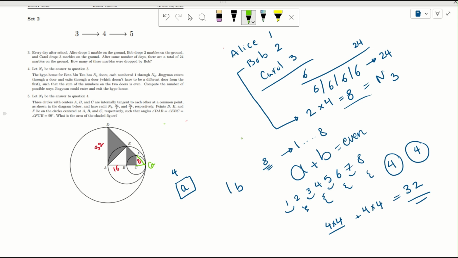So what's the area of ADG? The area of ADG is going to be 32 times 32 over 2, which is going to be 512. Now, what's the area of this yellow triangle?